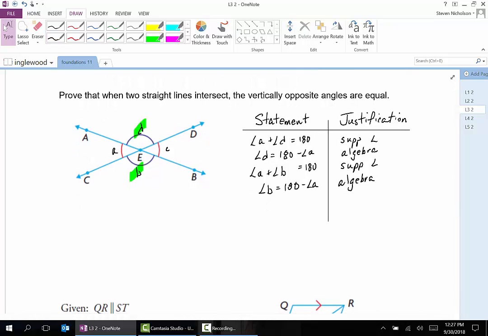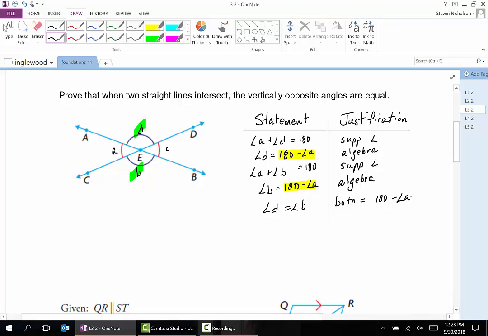Now, that's a bit of magic, but that's my experience, and that's what we want you to get. What you should see now is that angle D is equal to 180 minus angle A, and angle B is equal to 180 degrees minus A. Therefore, angle D equals angle B, and the reason is they both equal 180 minus angle A. So we haven't used numbers per se.